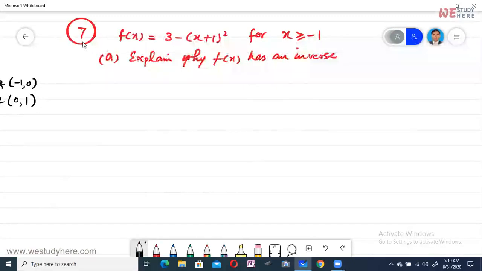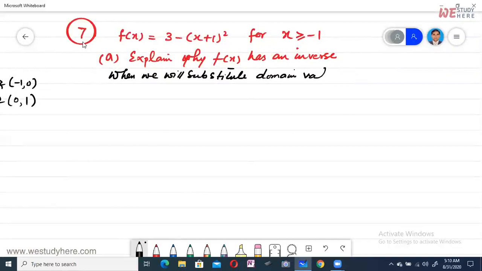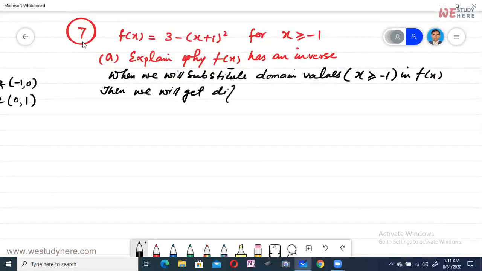As the domain is given, x is greater than or equal to -1, when we substitute the domain values that are given here, x greater than or equal to -1, in f of x, then we will get different range values.